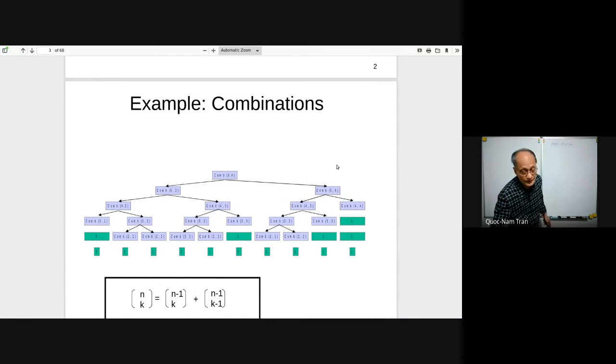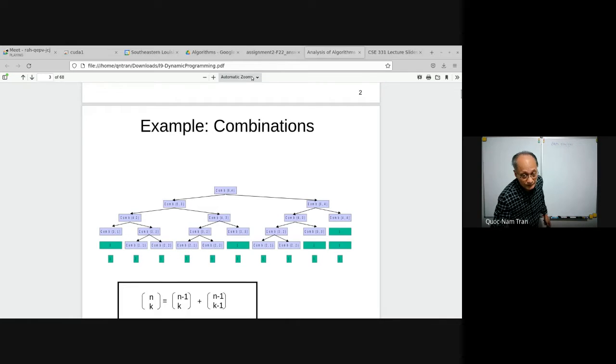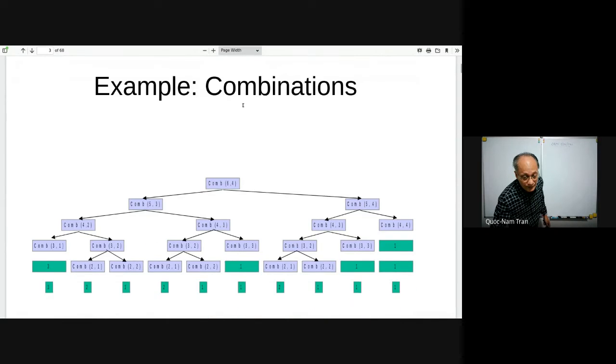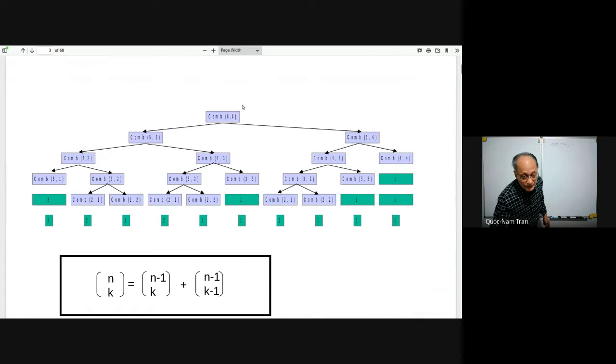For example, here, let me make it a little bit bigger. Page width. Okay, so that said, in order to compute the combination of 4 from 6, we have to compute the combination of 3 from 5 and then 4 from 5, and add them up.